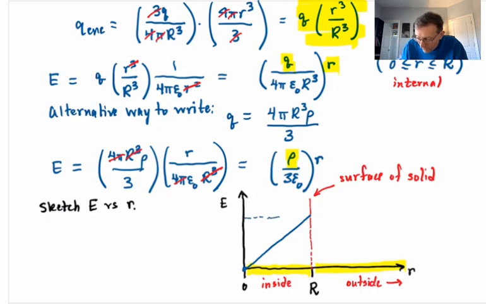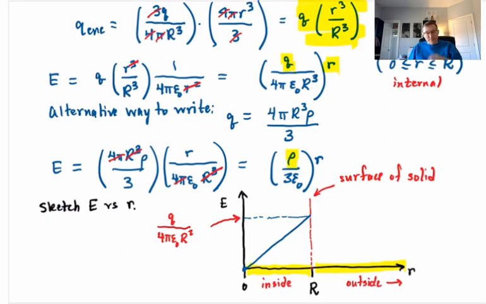And when you get to the surface, what does our interior electric field result give? Plug in little r equals big R, and you get Q over 4 pi epsilon 0 big R squared, just like the total charge is at the center and you're on the surface, a distance big R from it.